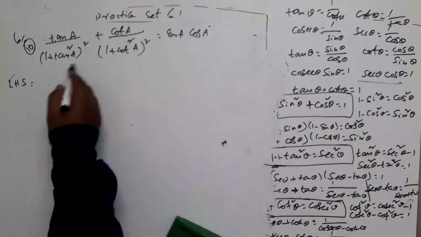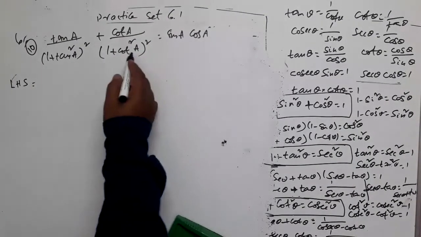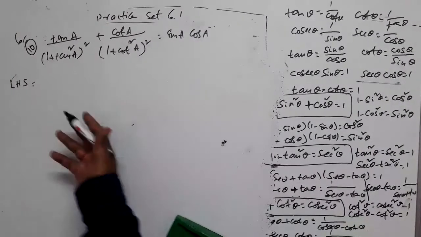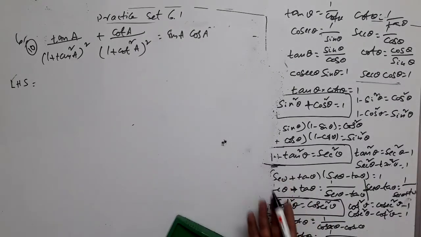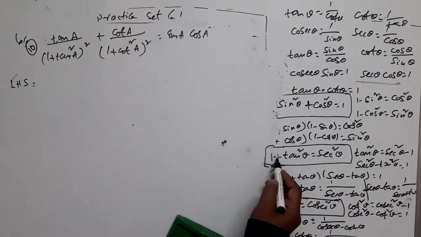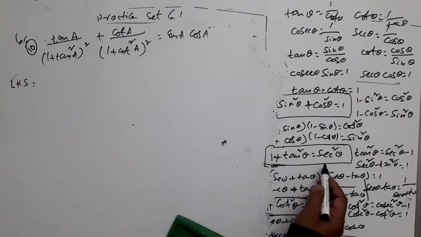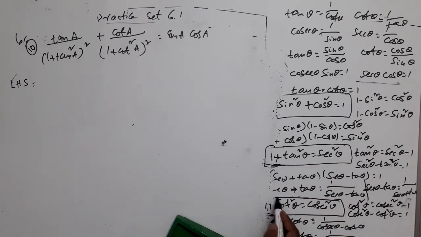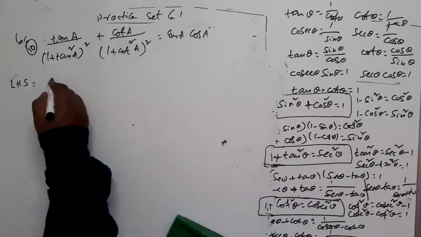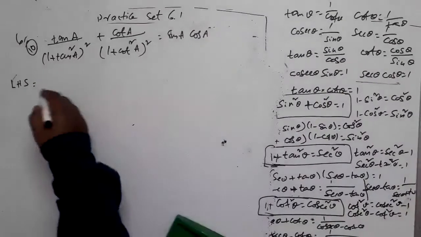Yes, 1 plus tan square A, 1 plus cot square A, they are familiar to us. What are they? Yes, the second identity and third identity will give you 1 plus tan square theta as secant square theta, and 1 plus cot square theta as cosecant square theta directly. So left hand side part, I am skipping that, right?